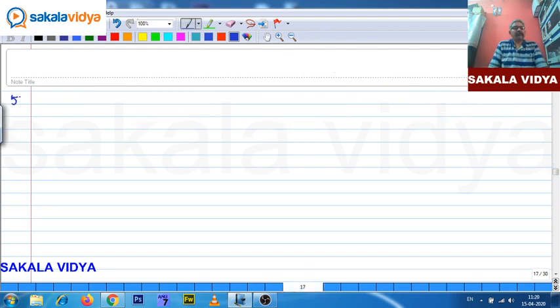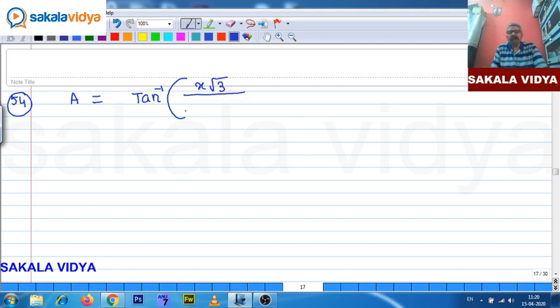So 54. A equals to tan inverse of x root 3 upon 2k minus x.